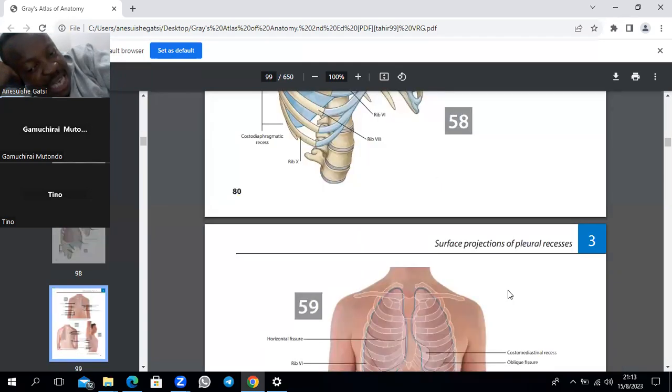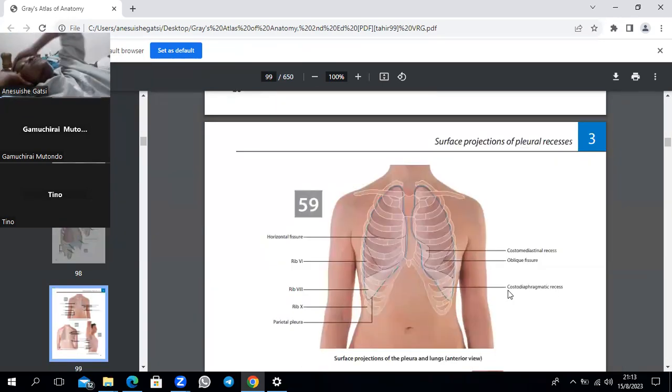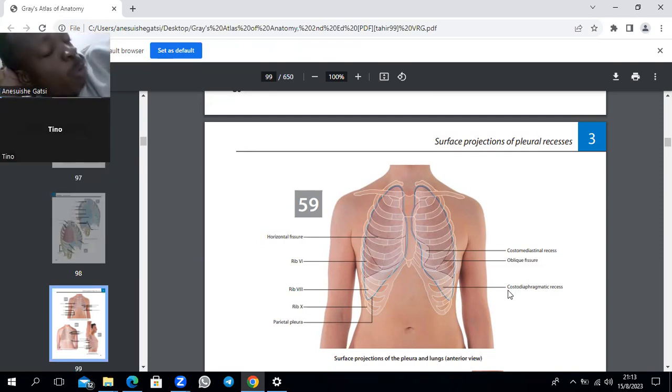Then remember I said in terms of innervation, visceral is innervated by autonomic nerve fibers. For the thorax, all parasympathetic innervation for thoracic organs is derived from the vagus nerve.